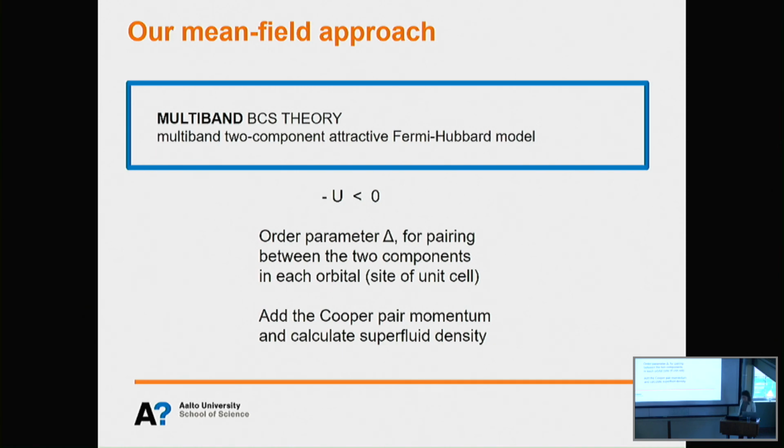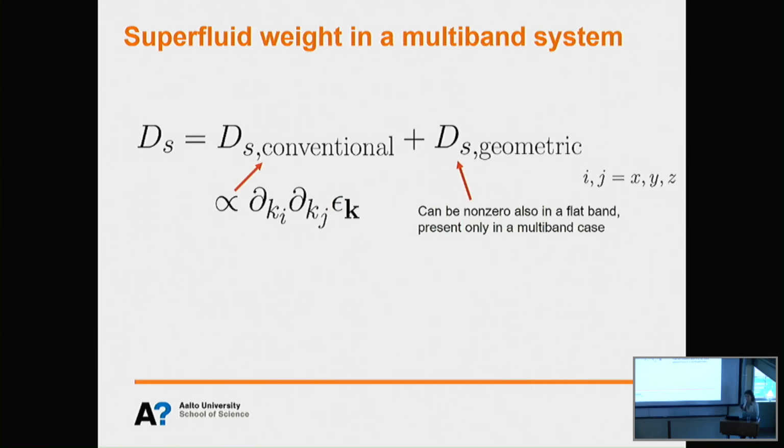And we calculated first using multiband BCS theory. All these systems where we can have interesting results must have multiple bands and attractive interactions. And we define the order parameter, and then we calculate the superfluid density. And this is the essence of the result.